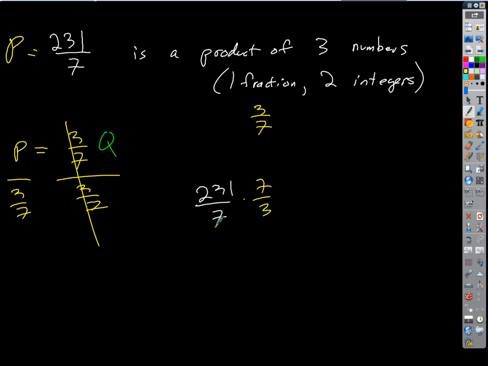Okay, so the 7's cancel. 231/3 is what? 3 goes into 23 7 times, with 2 left over. 3 goes into 21 7 times. 77. Okay, so what are the other two integers then? 7 and 11. Right?